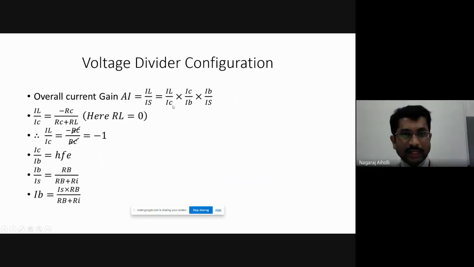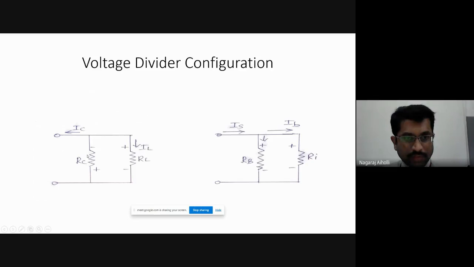Now what is IL by IC? How to find IL by IC? For IL by IC, we have to consider this circuit. Now we have to apply KVL to this portion. If you apply KVL to this portion of the circuit, what do we get? Positive to negative.